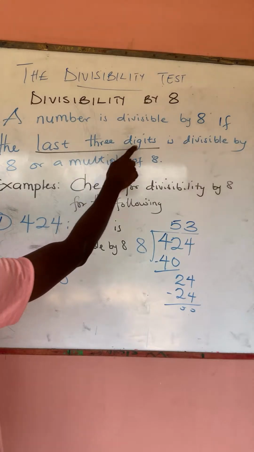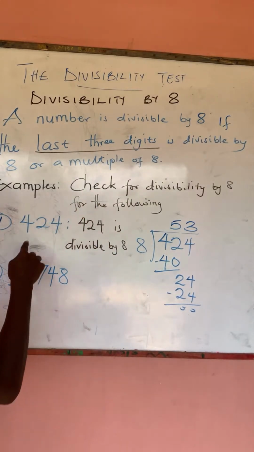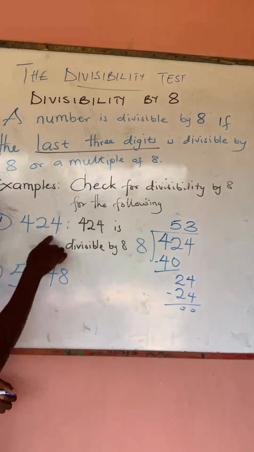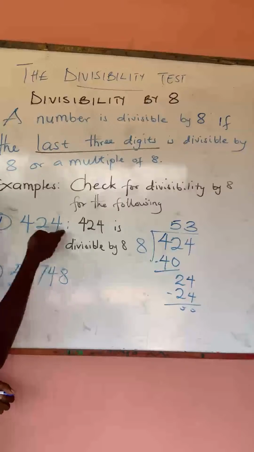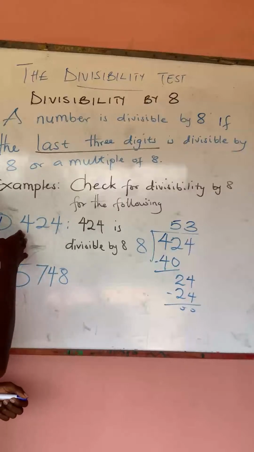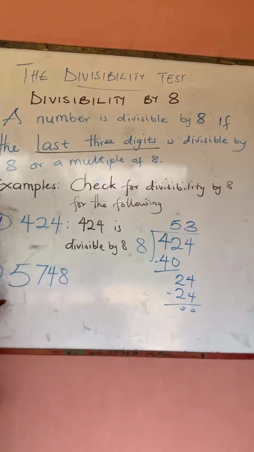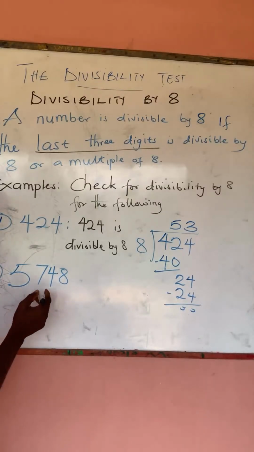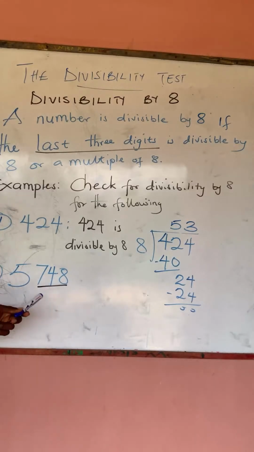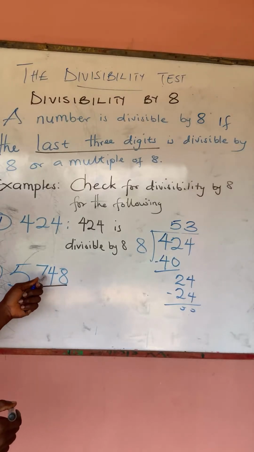Don't forget that we used the whole number before because it was a 3 digit number. But when there are 4 digits, you are taking the last 3 digits of the number. Okay. So the last 3 digits of the number here is 748.